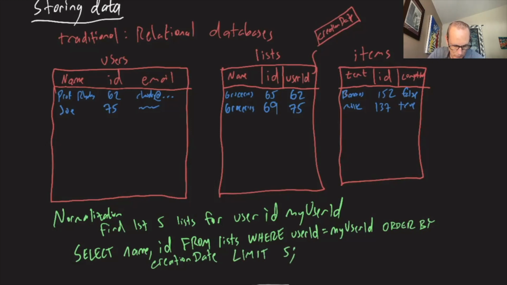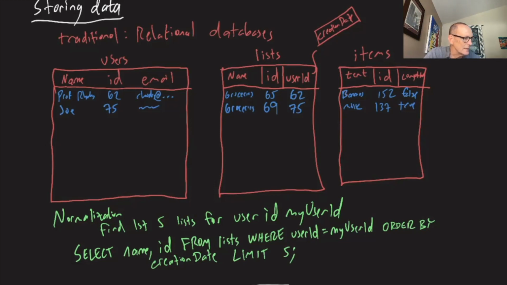There are probably indexes in this table, so it doesn't have to iterate through every row in the table. Instead, the index can allow it to, in constant time, go to the particular subset of rows that have a matching user ID.